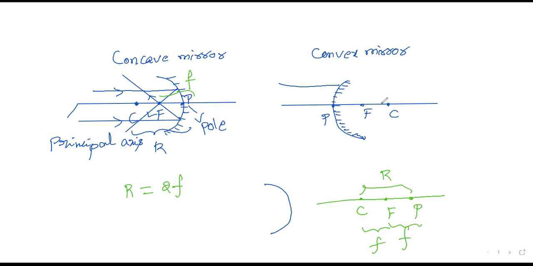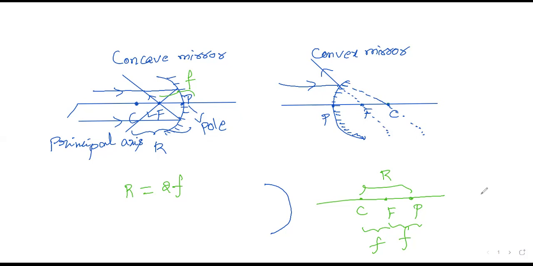Once the light ray is incident, it is reflected and passes like this. Here also, the same thing: from the center of curvature to the pole is the radius of curvature, and from the focus point to the pole is the focal length. Everything is the same.